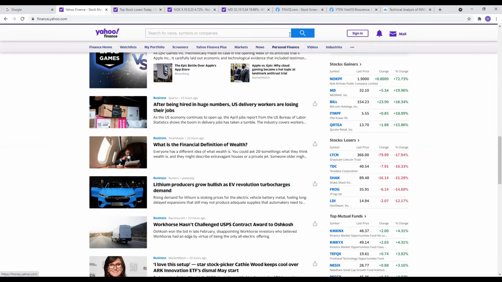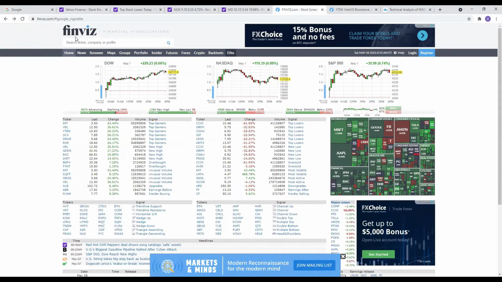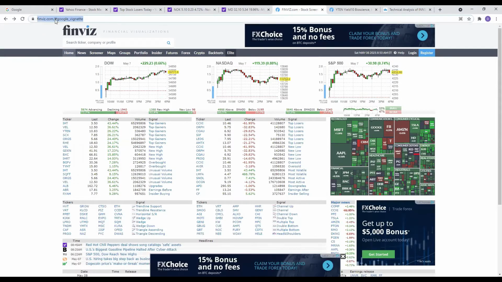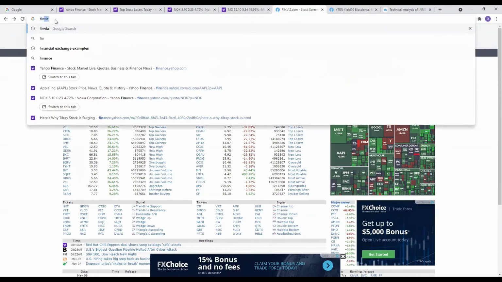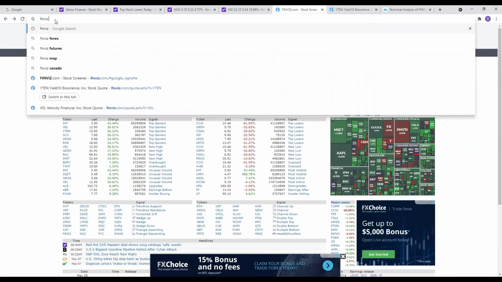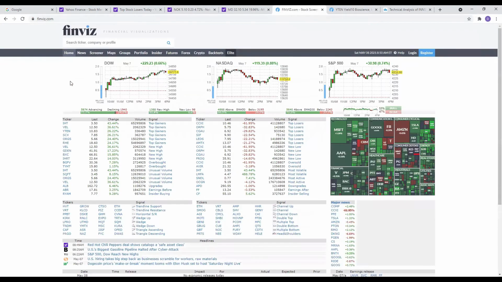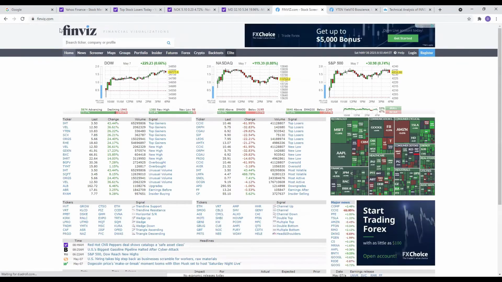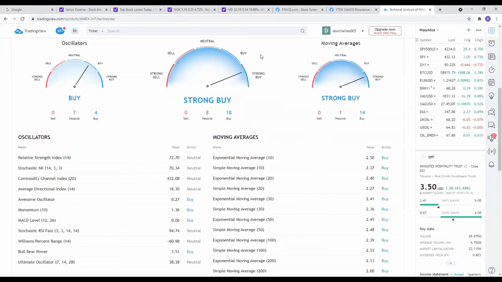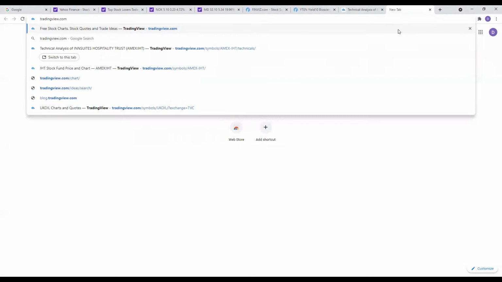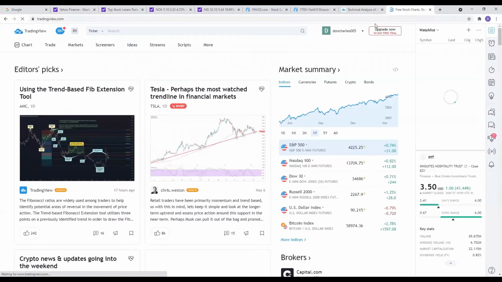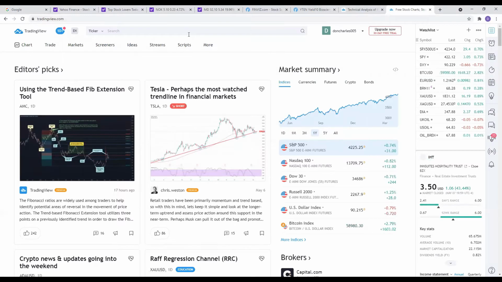If you want to access FinViz, well, you could just Google search FinViz. This is how you access FinViz. If you want to access TradingView, type in TradingView. Well, this is how you access TradingView.